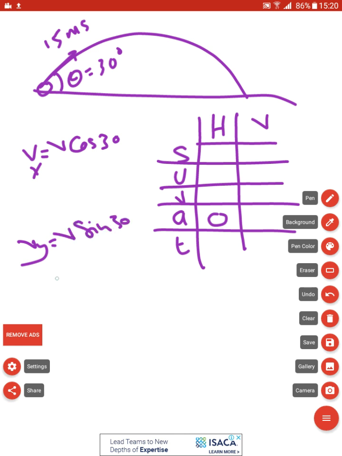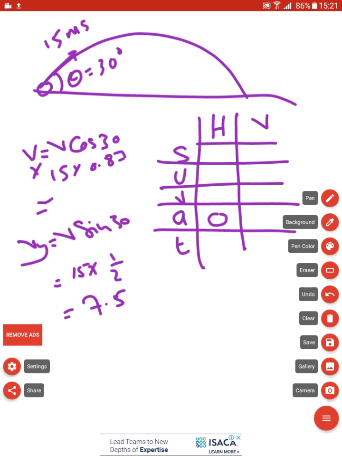Okay, sine 30 is 1/2, cosine 30 is 0.87, multiplied by 15. Here the speed is 7.5. Here the speed is 15 multiplied by 0.87.